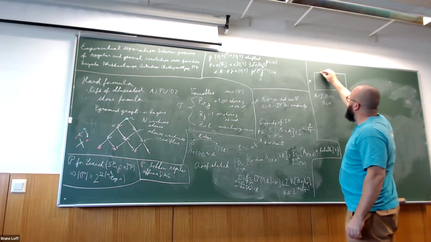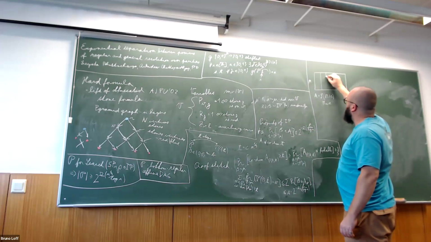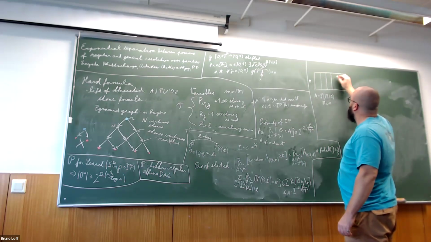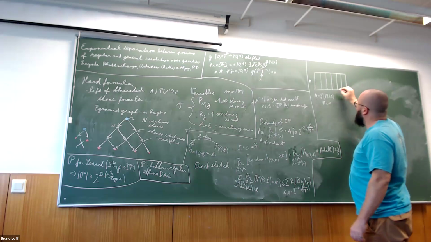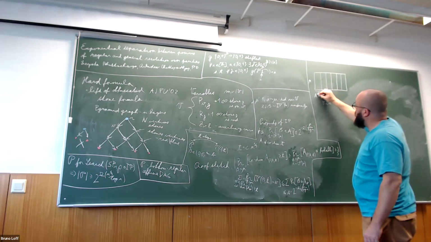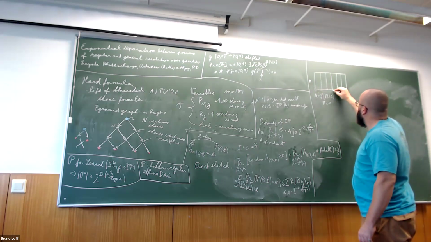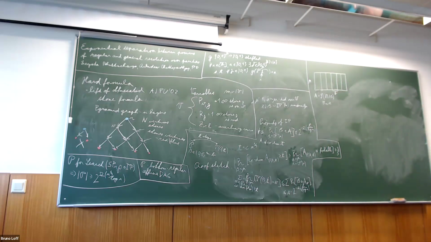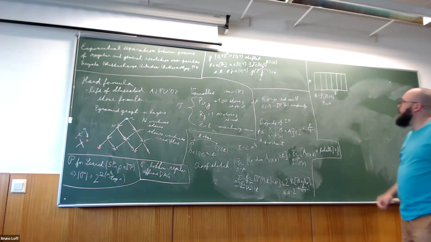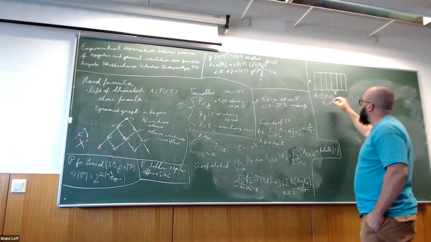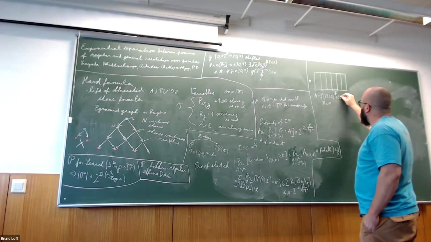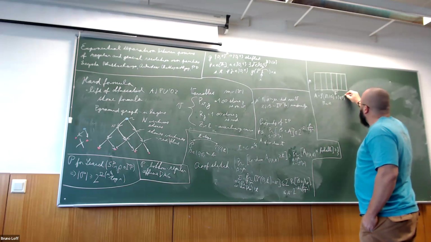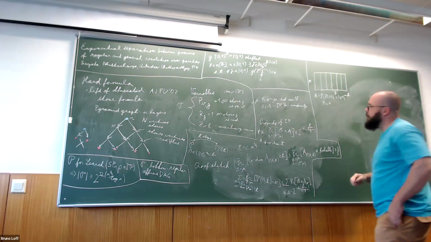The columns of this matrix correspond to the variables, and they are split into blocks, where B is the size of the gadget. And now suppose this affine space is a subspace of M times B.